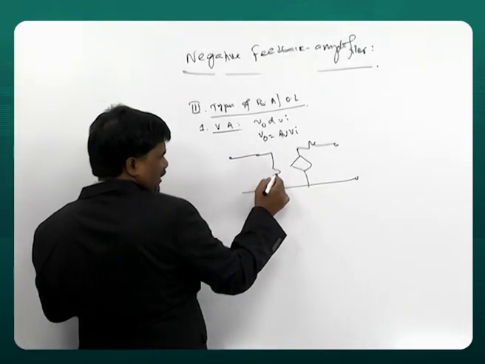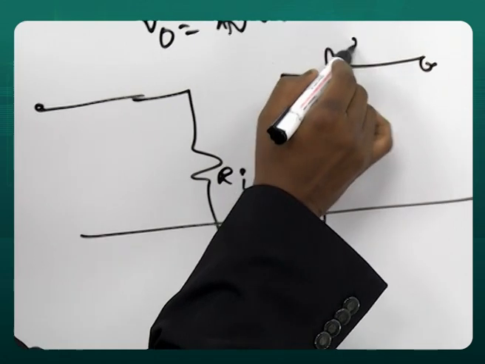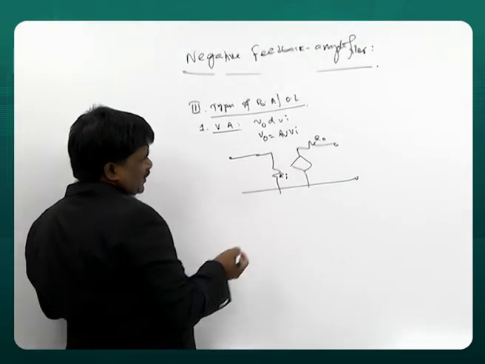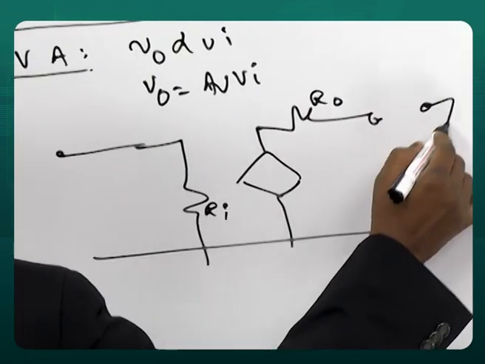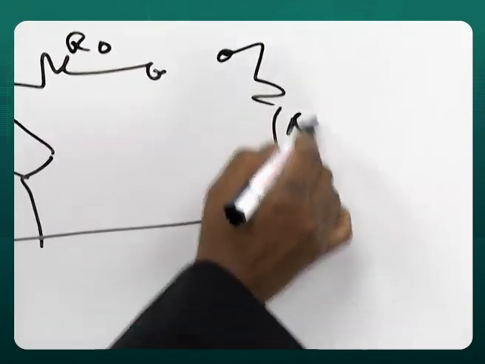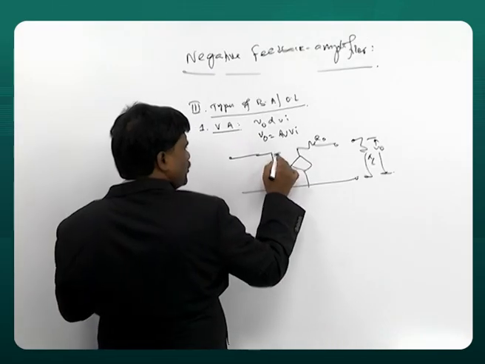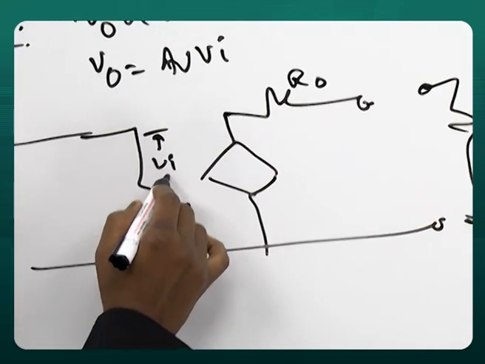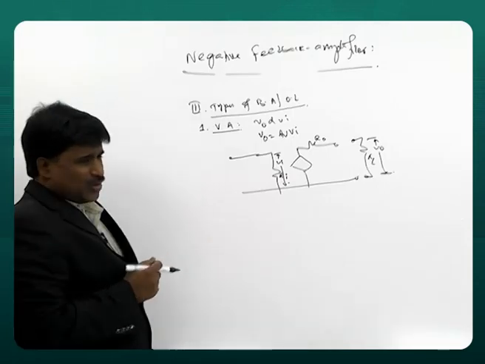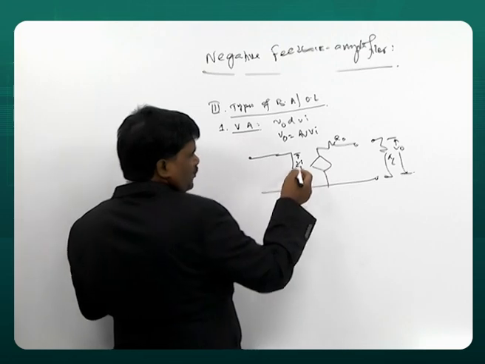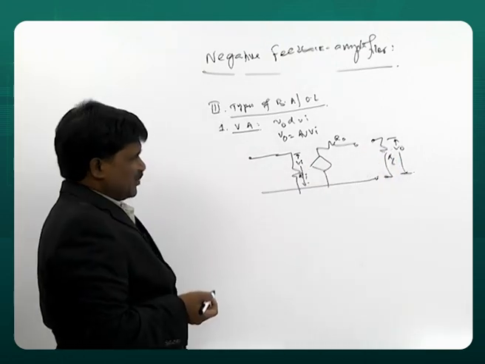This is Ri, R0. Output should be voltage. Input should be voltage. When both are voltages, we call it a voltage amplifier.